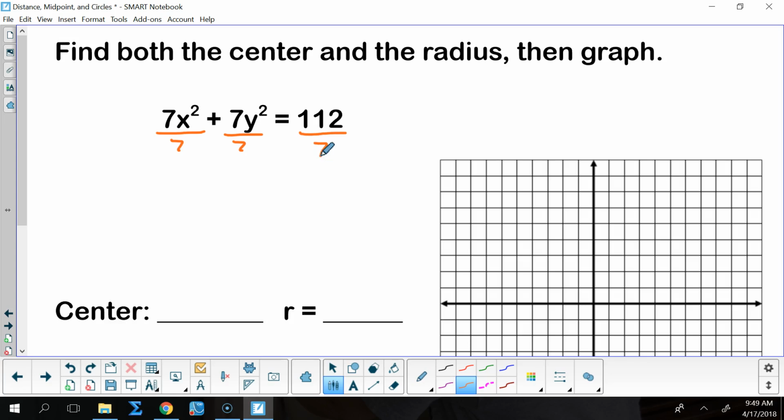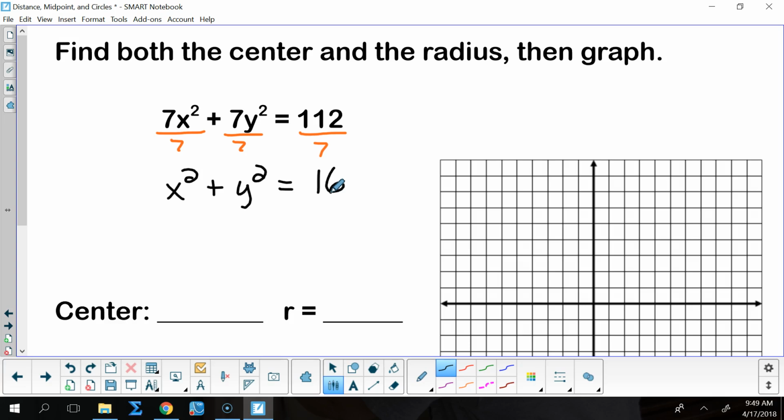Okay? So then that gives me x squared plus y squared equals, I want to say 16. Yeah? I think it's 16. Back me up on that. Someone? Yeah? 16? Okay?